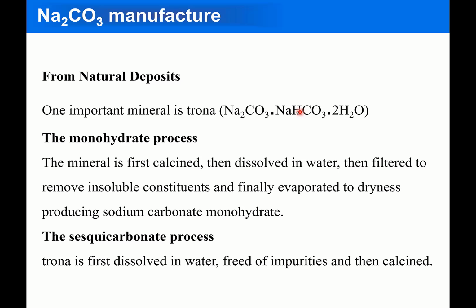In the monohydrate process, the mineral is first calcinated at high temperatures, dissolved in water, and then filtered to remove any insoluble impurities, and then evaporated to dryness to produce the carbonate monohydrate crystals. In the sesquicarbonate process, you dissolve the mineral in water, free it from impurity, then calcinate it.